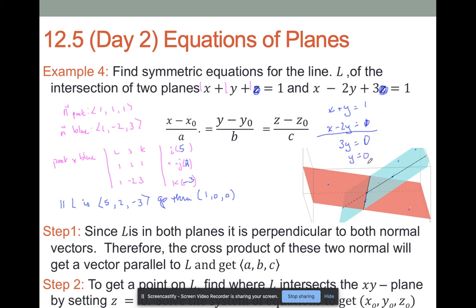Therefore, y is equal to 0. If y is equal to 0, what is x? X plus 0 is equal to 1, so x must be equal to 1. And I already chose z to be equal to 0. So there's my A, B, and C. So the symmetric form of the line would be, minus 0, minus 0.